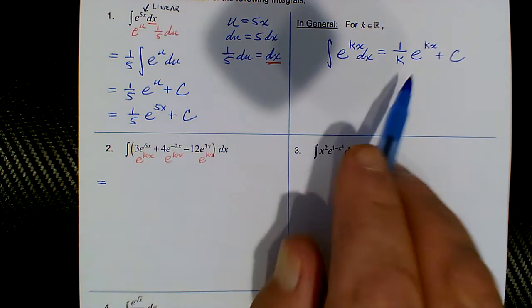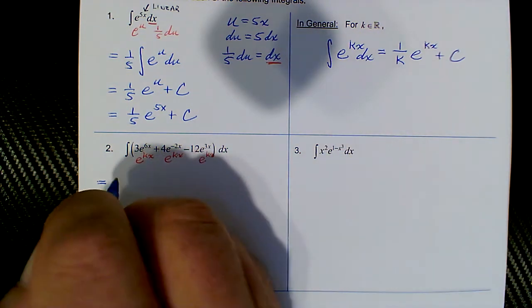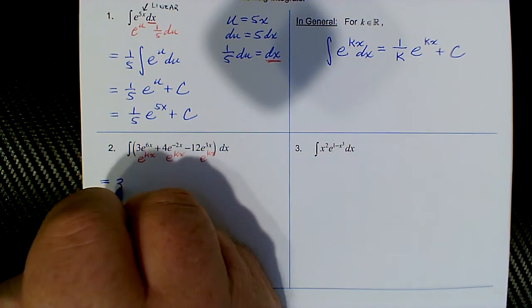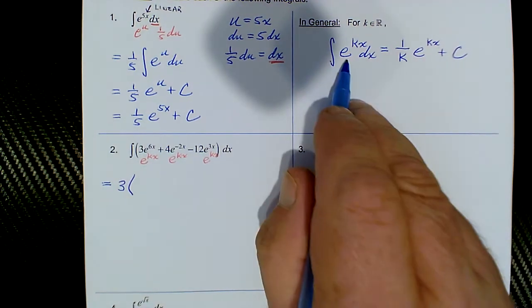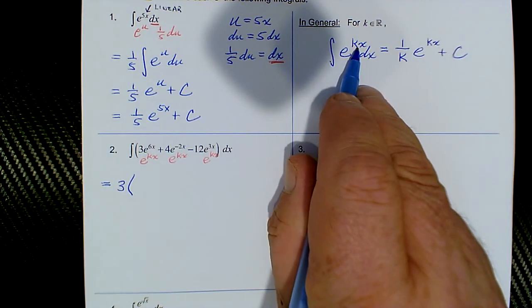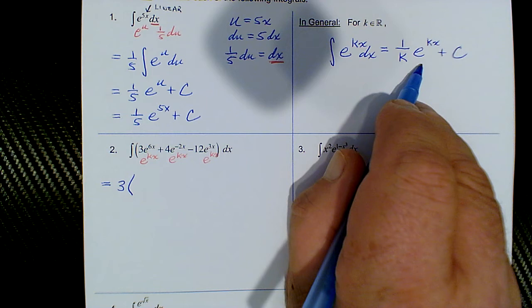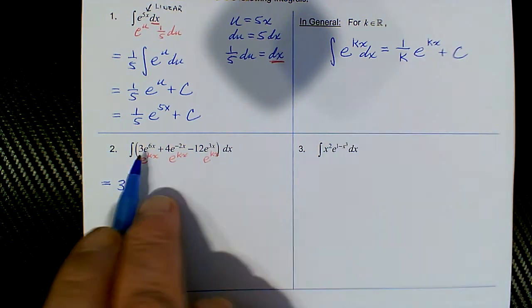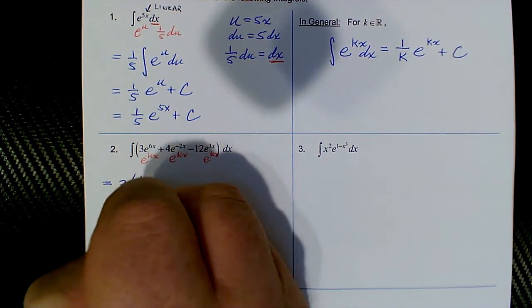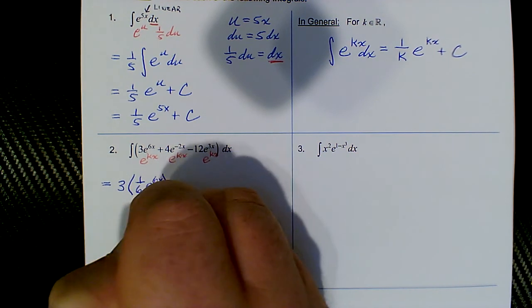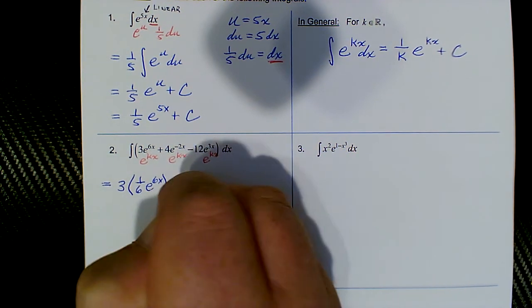Where if we understand the linear argument rule, term by term, the 3 tags along, integrating e to the 6x, and with regards to the formula e to the kx, we get 1 over k e to the kx. So k is 6, so we get 1/6 e to the 6x. Go to the next term, plus 4 tags along.